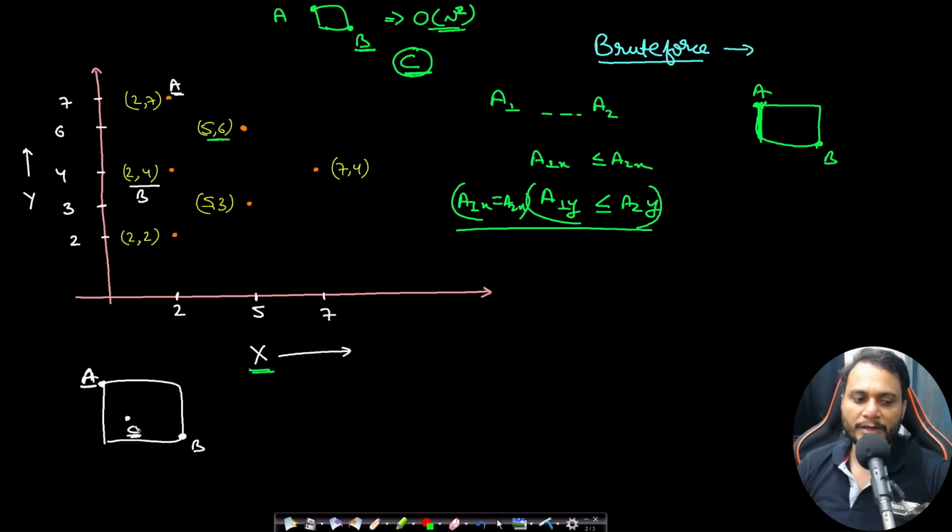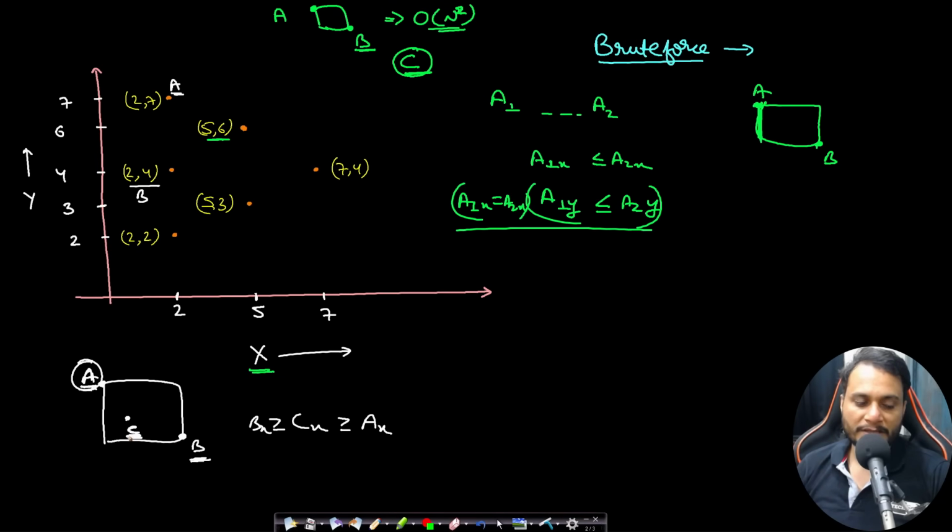Therefore the x coordinate of this c will always be in between this a and b, because if you are starting a loop from a, and if you are maintaining the past seen items, and let's say the past seen item was c, c's x coordinate must be greater than or equal to a's x coordinate. That is for sure. Okay, and if you are looking at b later than c, then you know that b's x coordinate will be greater than or equal to c's x coordinate, that you can write.